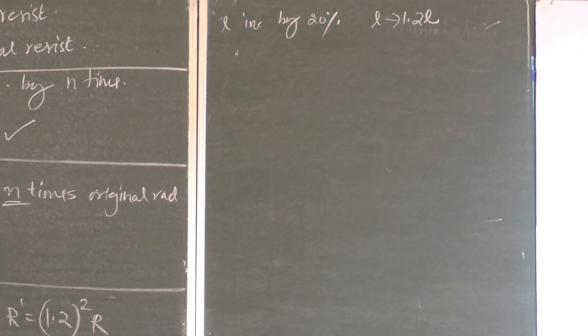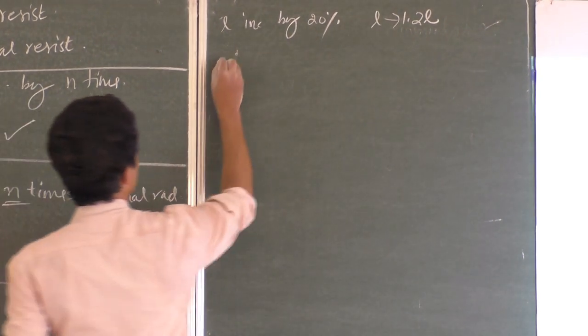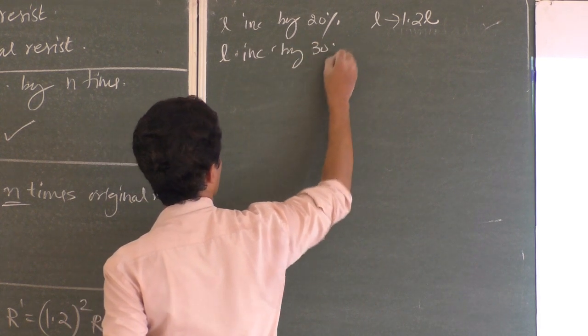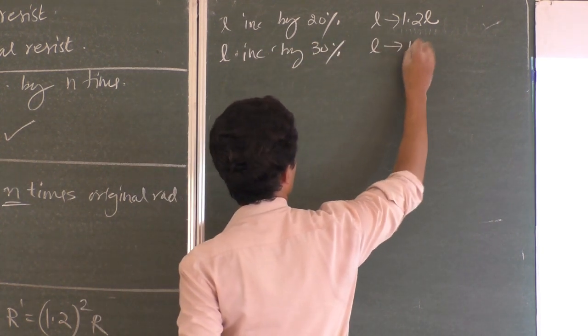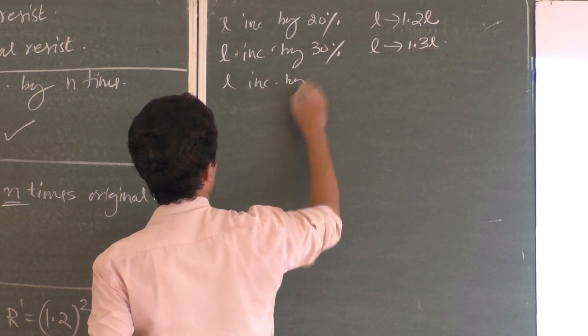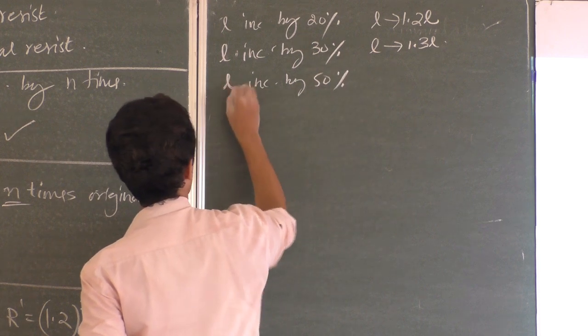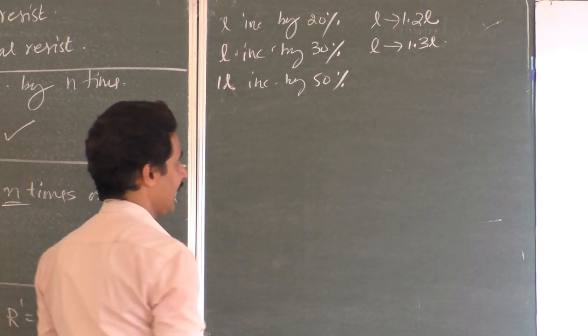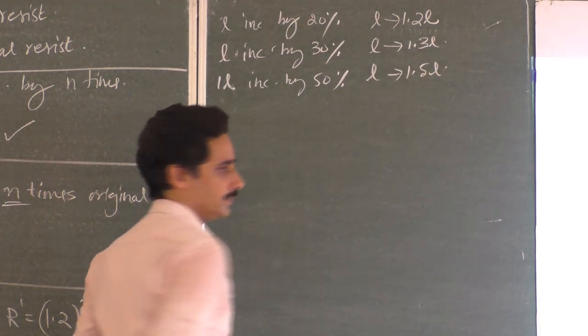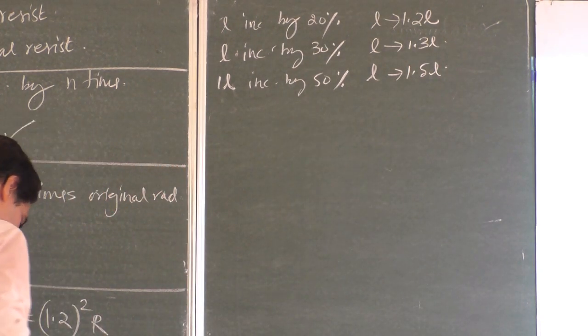If L increases by 30%, how do you write it? Here, L should be written as 1.3 L. If L increases by 50%, that means out of 1 L, you should have 50% extra. 50% extra means 1.5 L. So these are all the conditions.